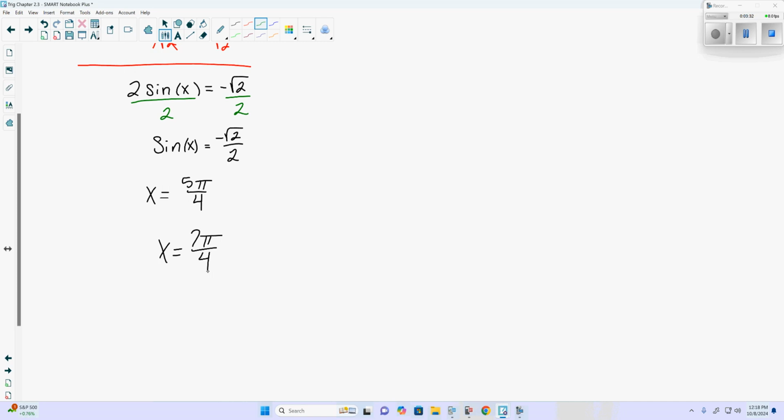Now the graph or either calculator will tell you if we did sine inverse of negative square root of 2 over 2, it will tell us that x is equal to negative pi over 4. We want it in a positive angle case, because we do have these two here.